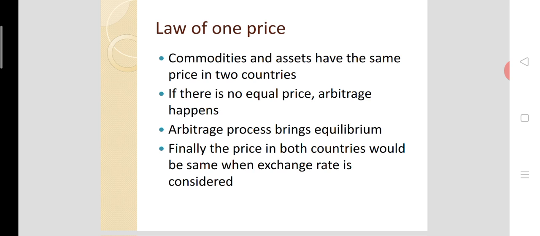But the law of one price means the purchasing power of one country will be equal to the purchasing power of the other country. But it doesn't mean that $1 is equal to 1 Indian rupee. Probably 60 or 70 rupees will be equal to $1. But it could be equated by the law of one price. So the arbitrage process brings in fact the equilibrium price level in both nations.